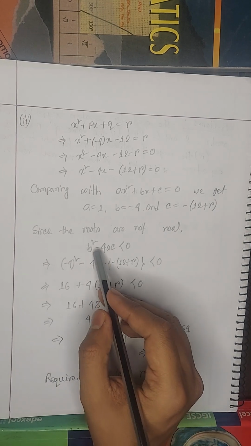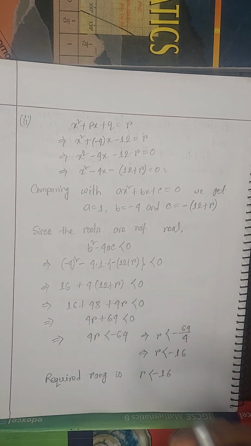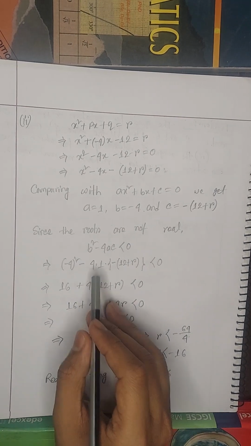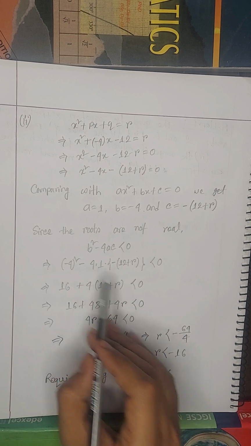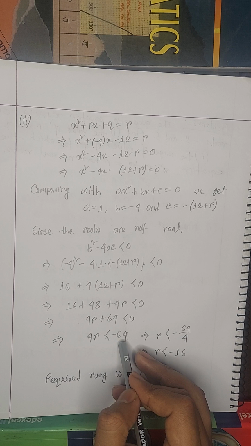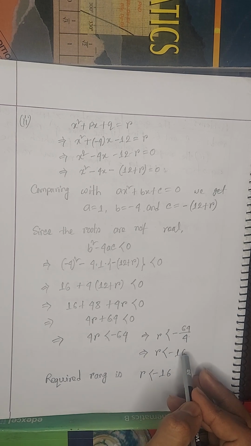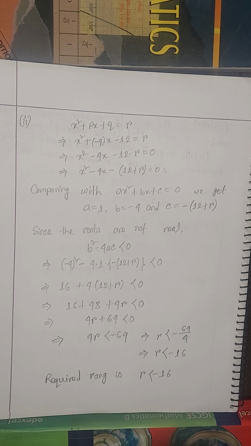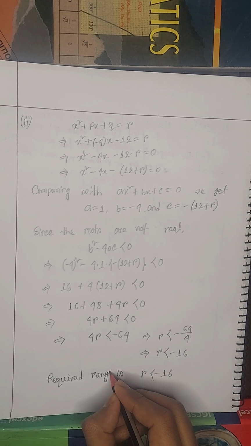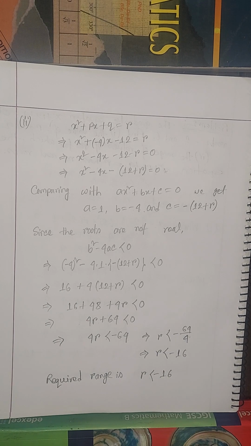So from this inequality, b square minus 4ac less than 0, we get the range of r, which is 4r less than minus 64. Then from that we get r less than minus 16. So the required range is r less than minus 16.